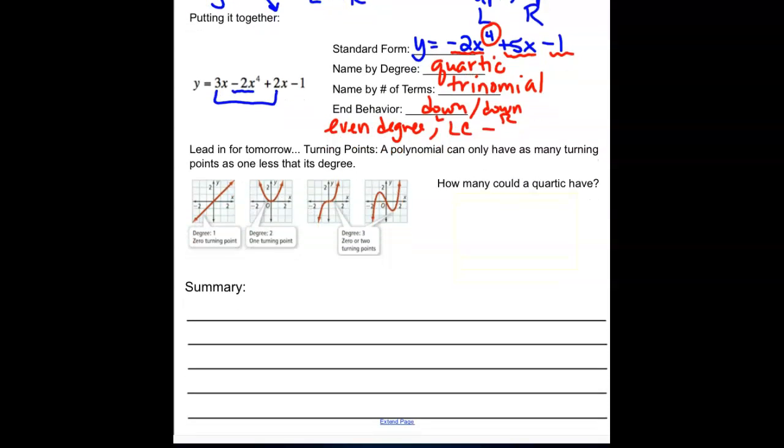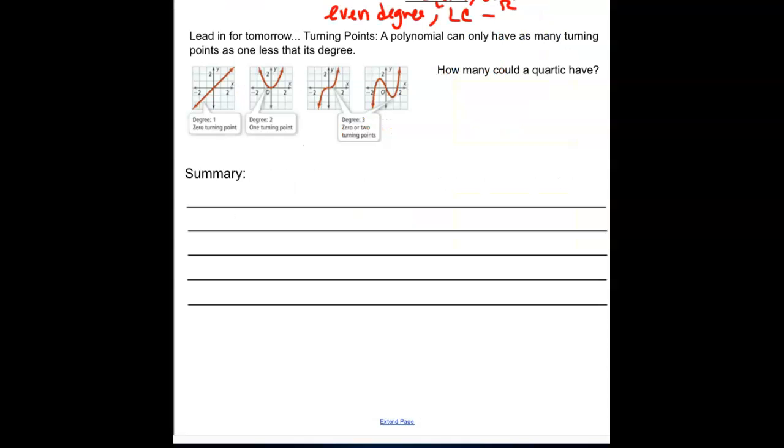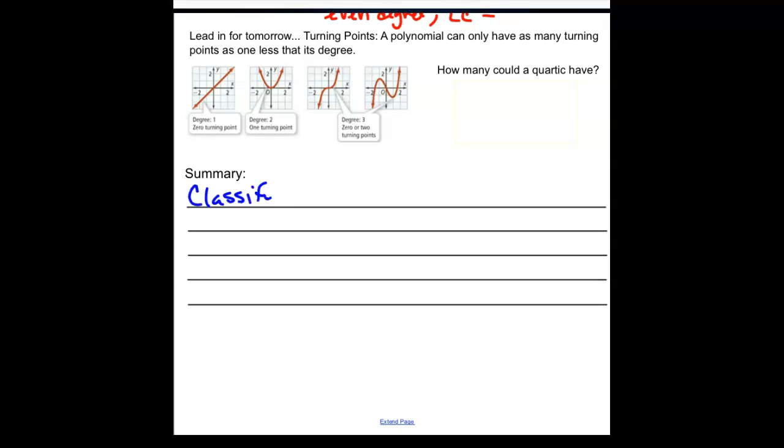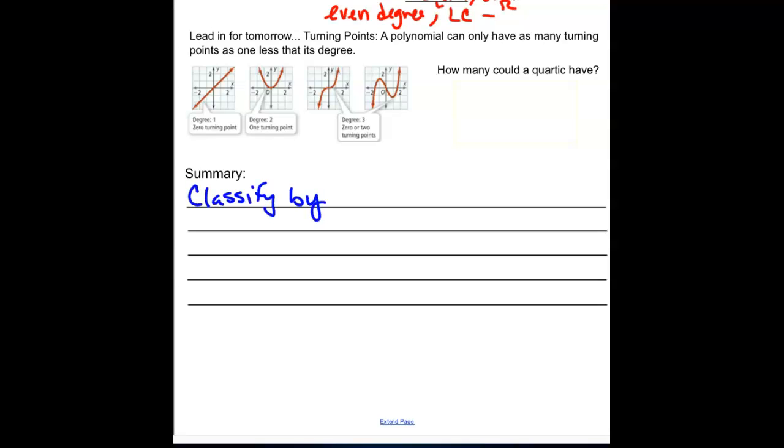So as you go through homework today, you'll notice that we do a lot of reviewing from the first day of this chapter, where we talk about classifying polynomials. So just a quick review before we look at this last little piece. We can classify by degree or by number of terms.